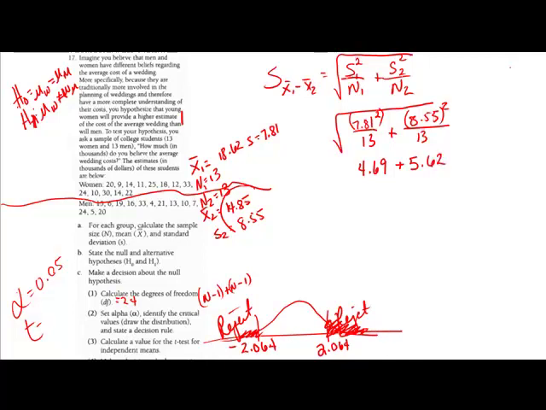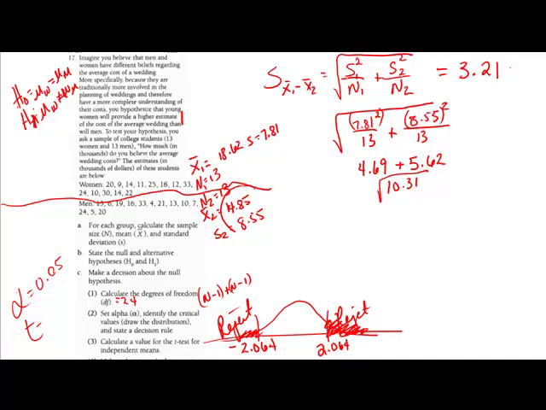Let's call that 5.62. Go ahead and add these together. 4.69 plus 5.62 is 10.31. Let's not forget that's the square root. And I get a 3.2109, 3.21. Double check the book. Yep, we're in good shape.